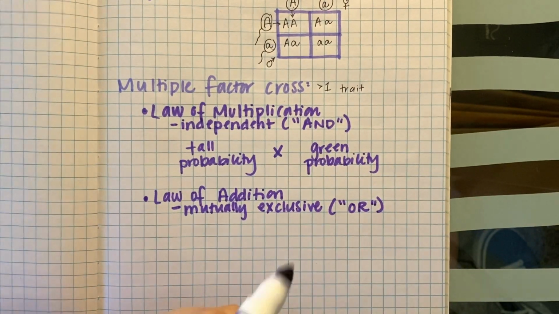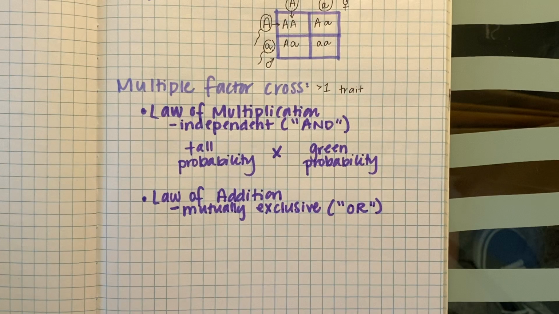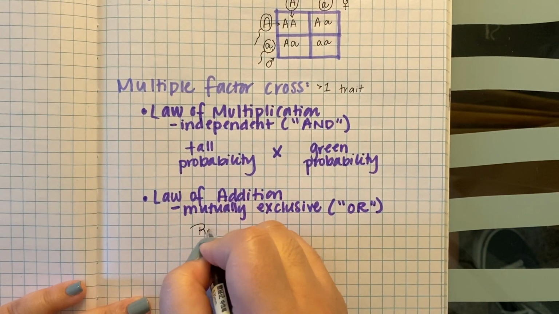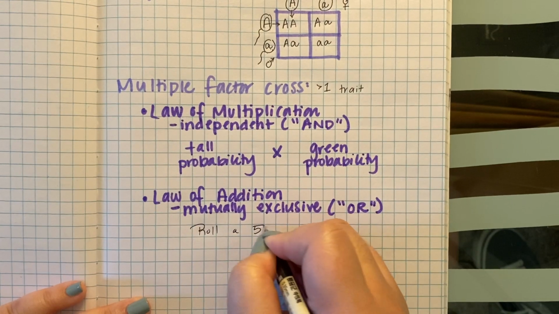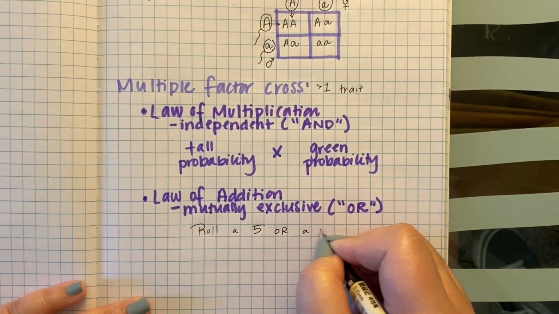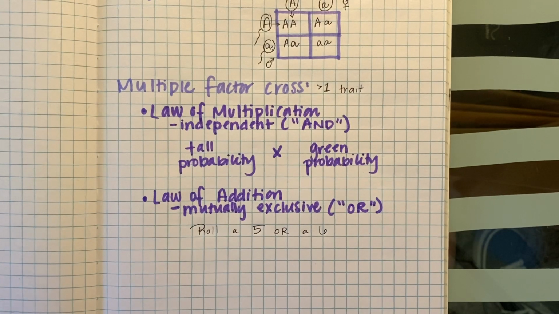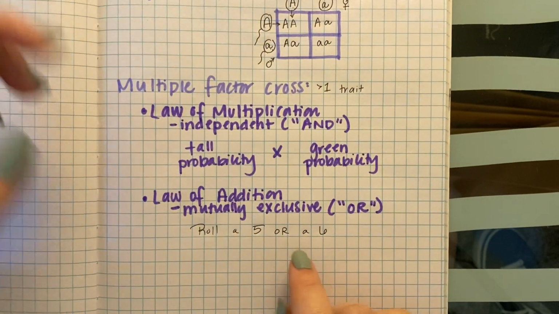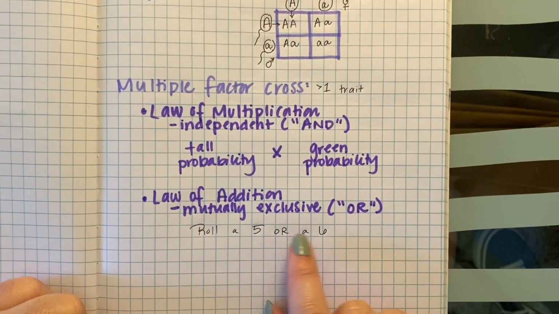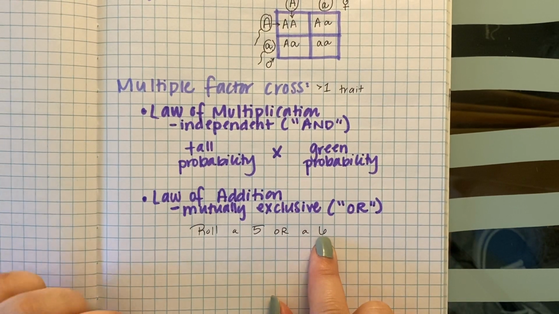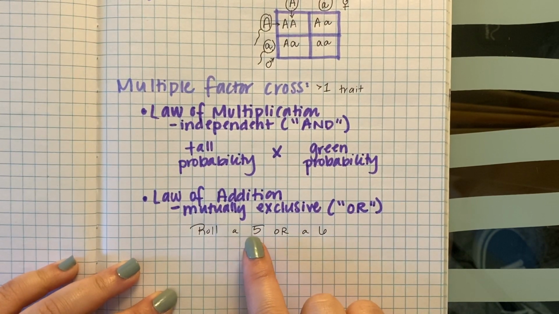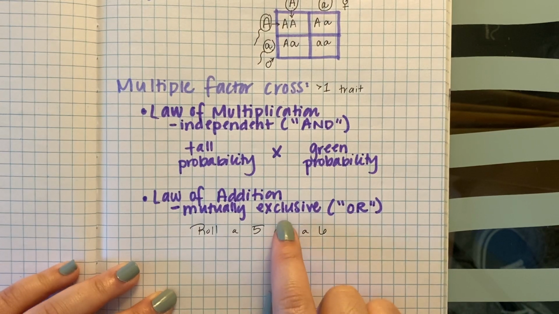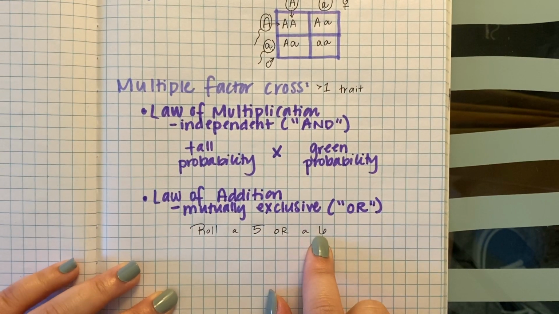So if you were asked what are the chances of rolling a 5, like on a dice, or a 6? These are mutually exclusive because if I roll a 5, it excludes my ability to roll a 6 because I rolled a 5. So having one of these excludes the possibility of having the other.